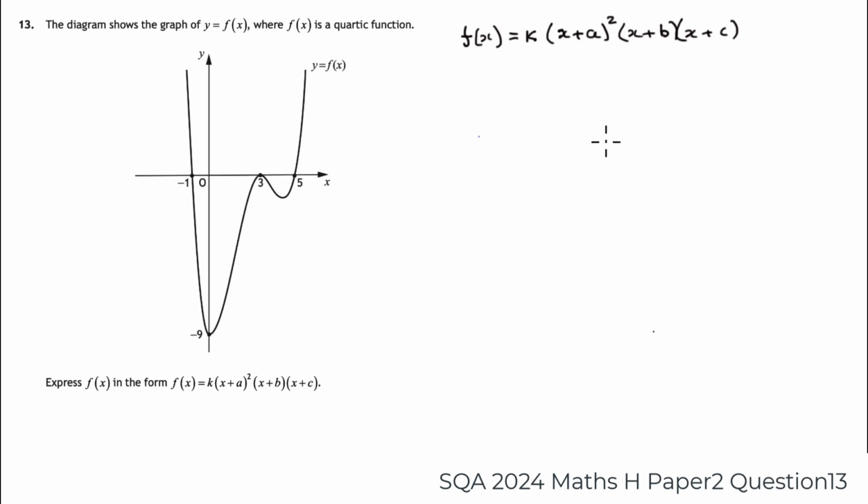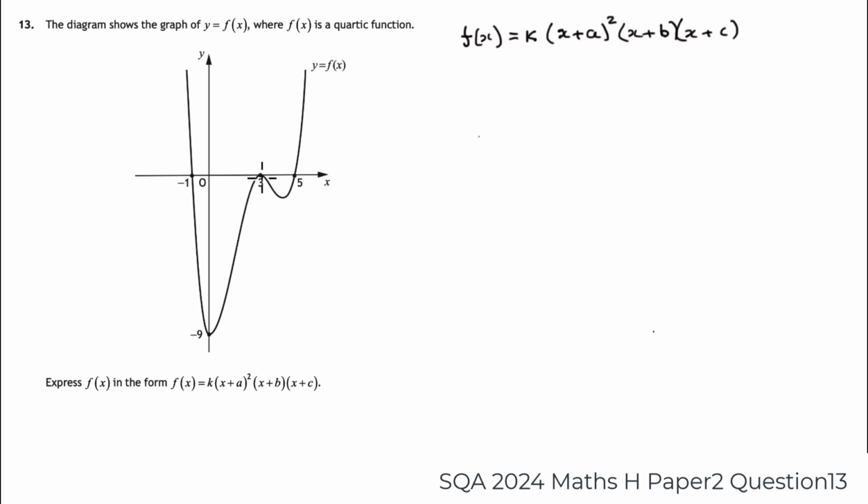Now what we should look at is, when does the value of f of x, this expression, equal 0? We'll find that on the graph by the points that touch the x-axis. This point's interesting when x is 3 because it's tangential to the x-axis.